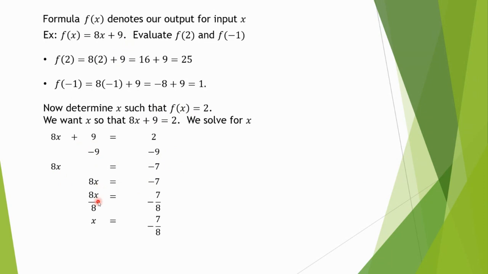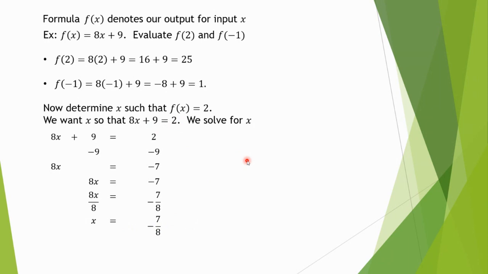So we're dividing, and we get x is negative 7 over 8. In other words, when x is negative 7 over 8, f of that is going to give us 2.